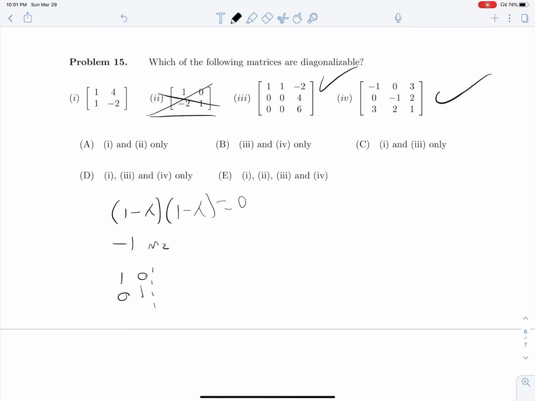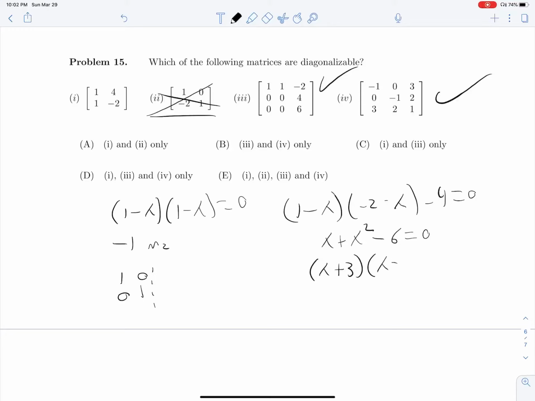And finally, number 1, let's solve this. We are going to solve 1 minus lambda times -2 minus lambda minus 4 is equal to 0. And we will get lambda squared plus lambda minus 6. And solving this, we'll get lambda plus 3, lambda minus 2.